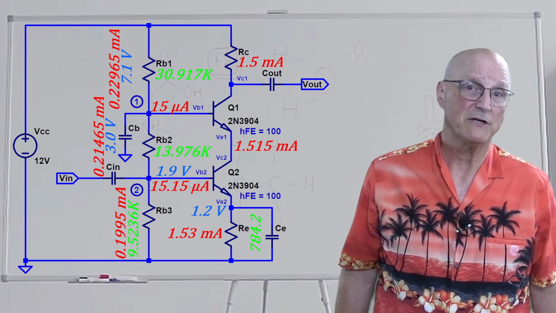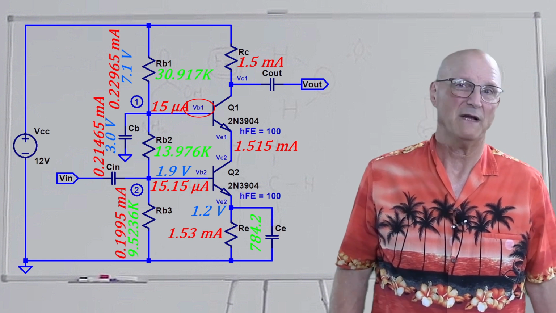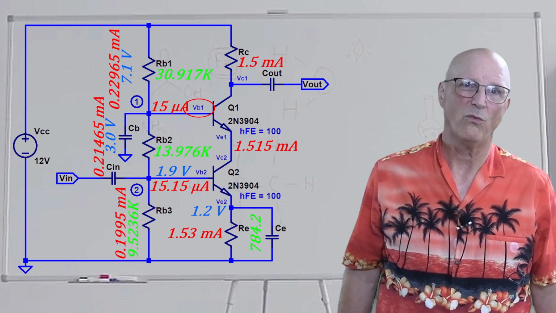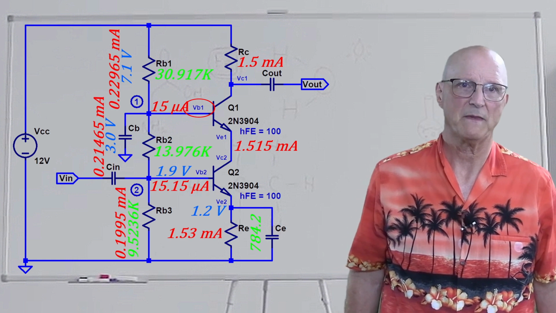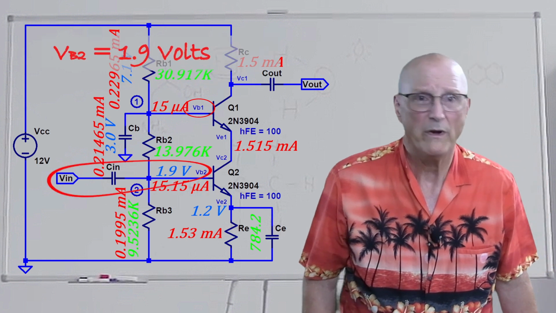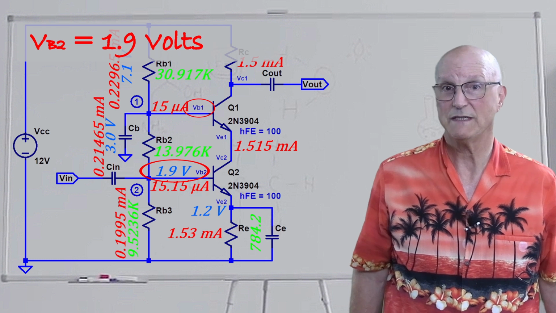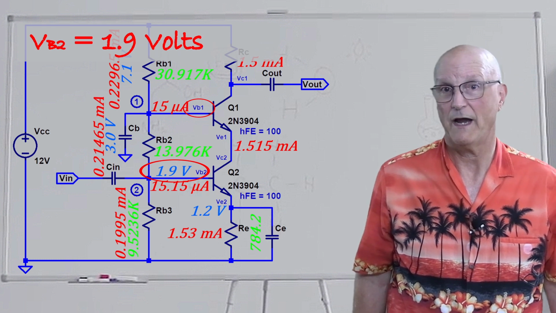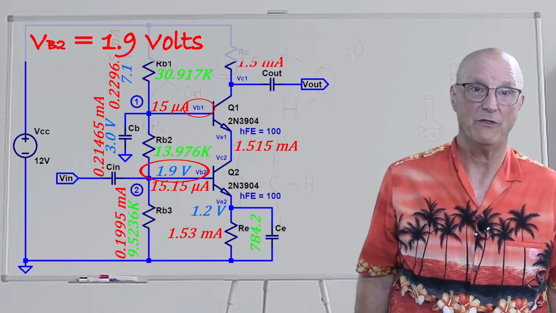It begins by determining the voltage on the base of Q1. And so how do we do this? Well, we work our way up from ground through the bias resistor string. So what do we know? We know that the voltage on the base of Q2, or VB2, is equal to 1.9 volts. This is the same as the voltage across Rb3.